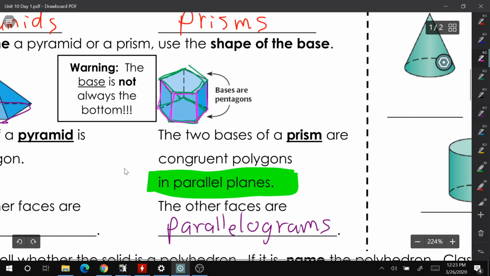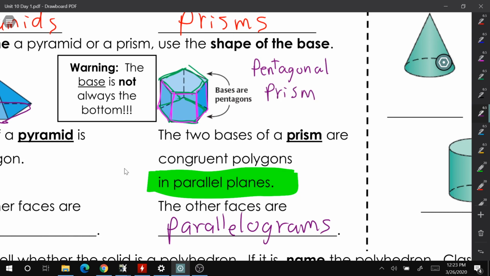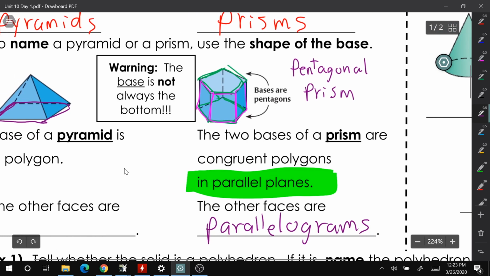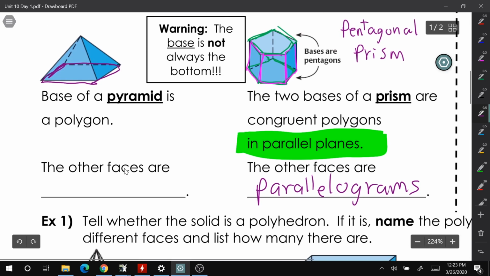So the name of this one would be a pentagonal prism, because the bases are pentagons, and those two pentagonal bases are parallel to each other. Now when we talk about pyramids, the faces of pyramids are triangles.